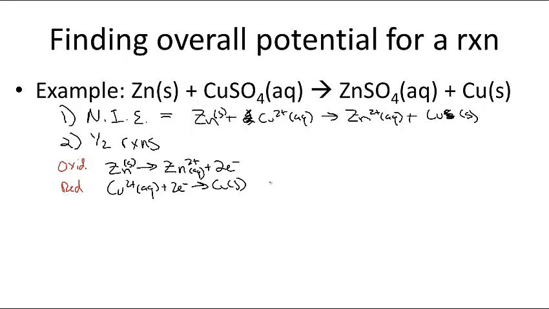So you can find the E naught for this reaction, and what do we have for the E naught for this reaction? 0.34 volts. What is the E naught for this value? Well, if it's positive in one direction, it's negative in the other. So for the oxidation half reaction, flip the sign.